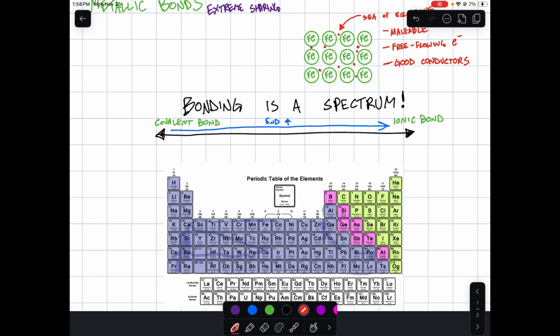So on this side, both atoms participating in the bond are roughly equal in how badly they want those electrons.